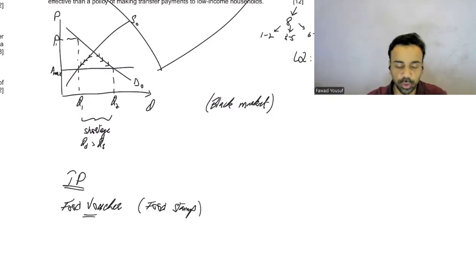This is given directly to people who have low incomes and they can directly go and buy the stuff.